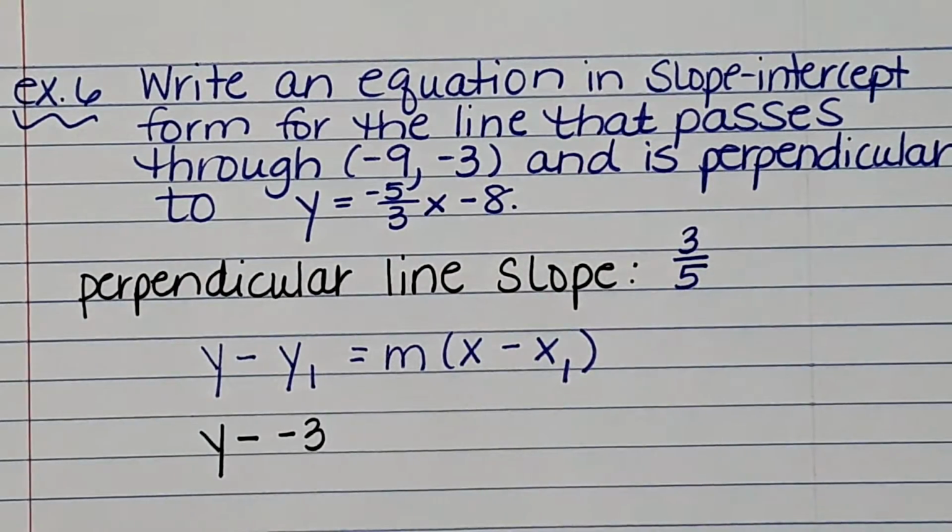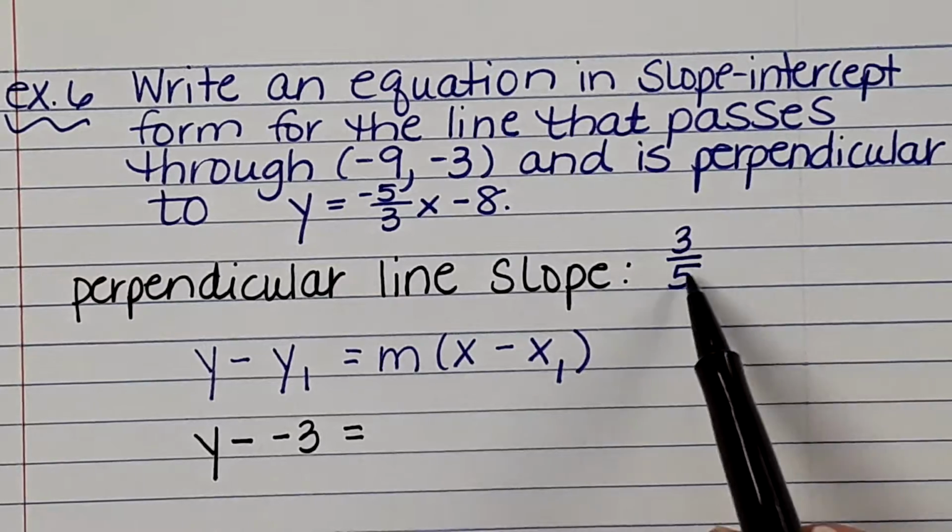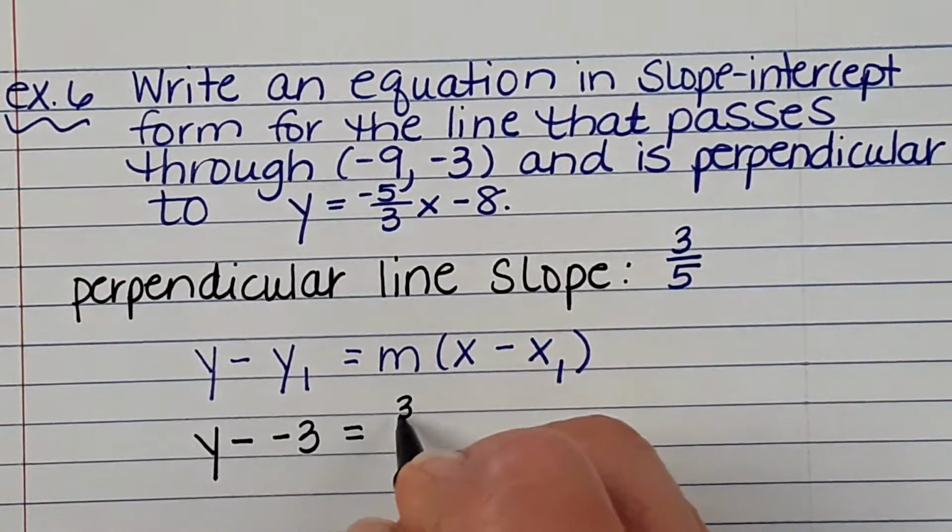You guys, the reason I ask you is because when you get to the test or to a quiz or PSAT, SAT, you're going to have these 4 choices. So you have to know which numbers you're using. So y - (-3) equals, so now what am I going to use for my m? 3/5, because that's the one that I need to change to.